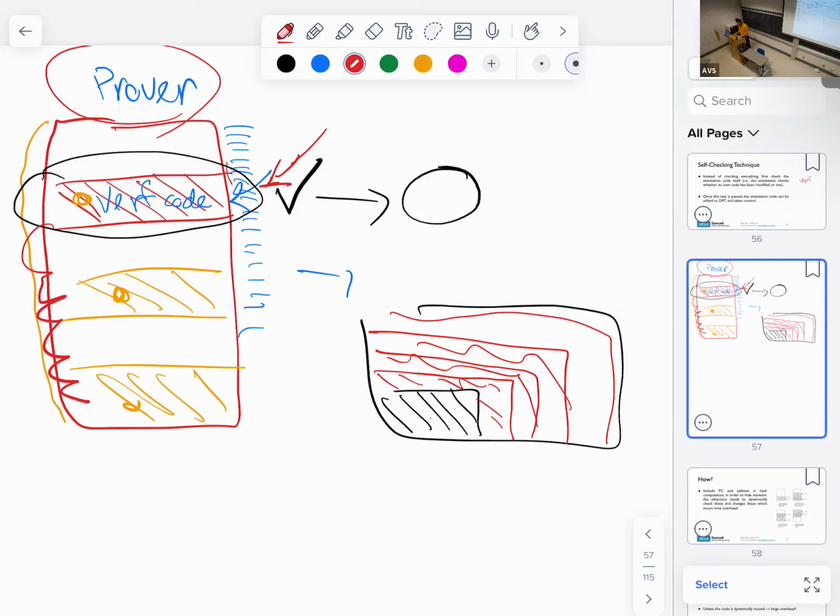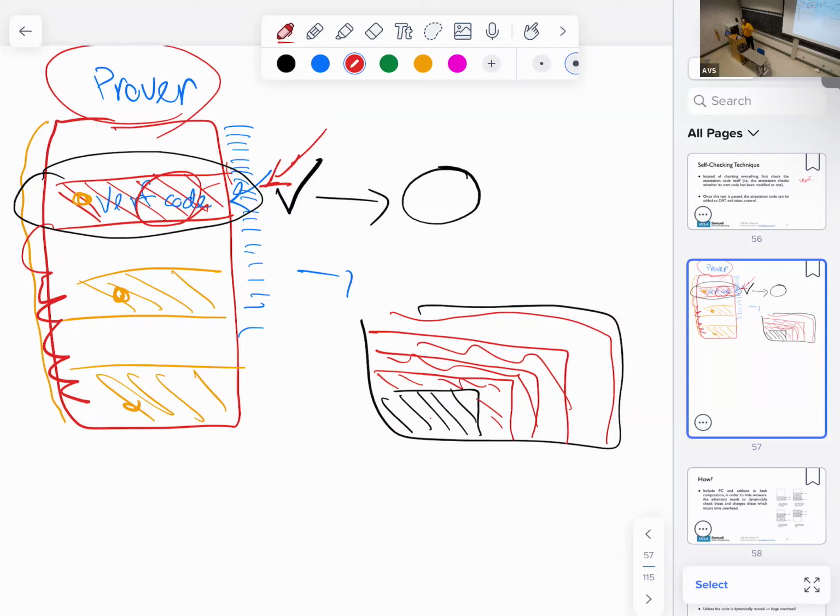I can just compute the hash over this, compare it with my verifier, and then let the verification code do its own job, whichever it wants to do, like computing a hash and so on and so forth, right? Since I trust that, this is my deputy, my ambassador inside that device. They can actually do the trust from that.